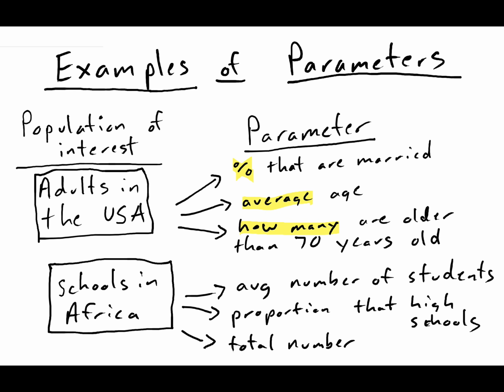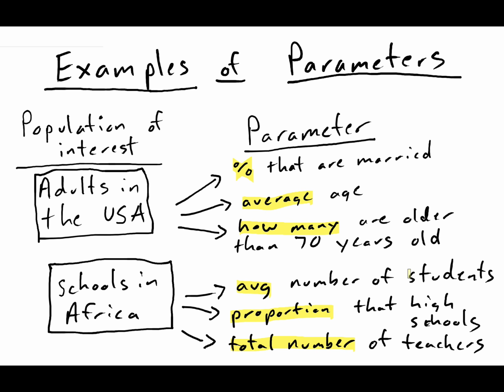These are three different quantities here that are all describing this population of schools in Africa. Again, they're different types of numbers. One is an average, one is a proportion, and the third one is just a count. Three different types of numbers, but they're all three parameters.